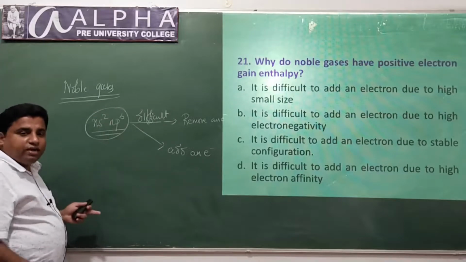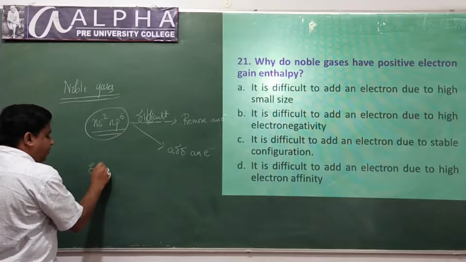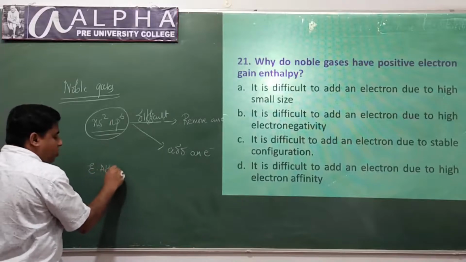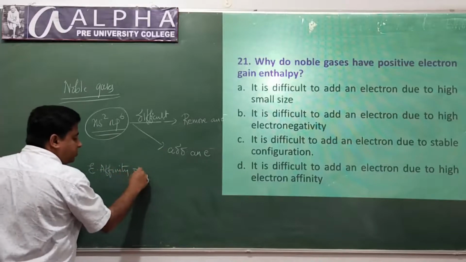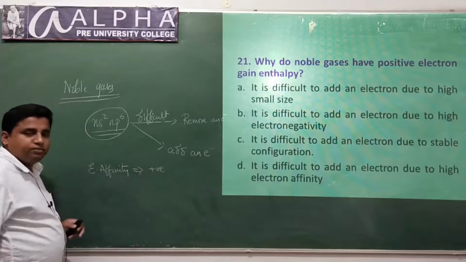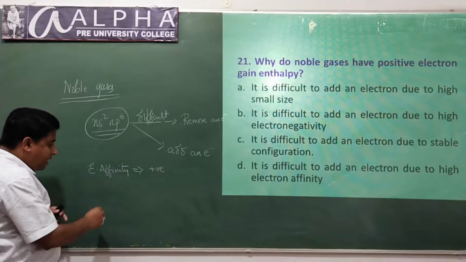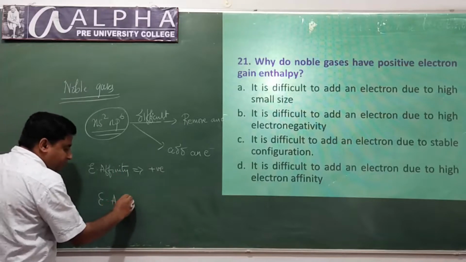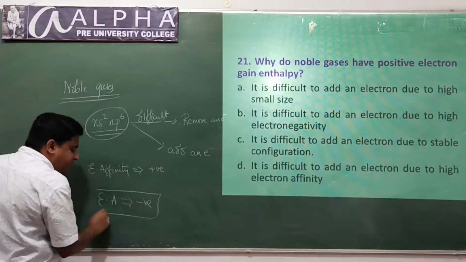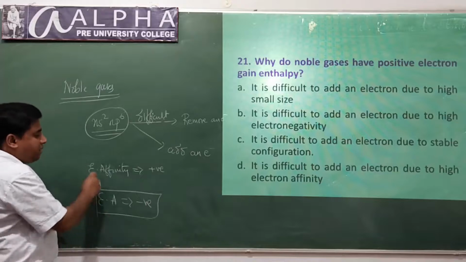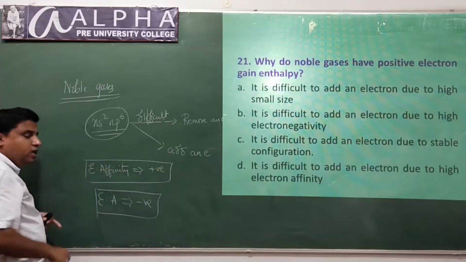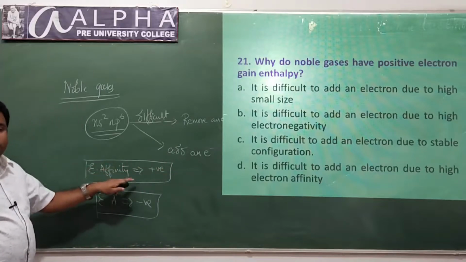Since it is difficult, electron affinity is positive for noble gases. For other elements except noble gases, electron affinity is negative, whereas only for noble gases, electron affinity is positive.